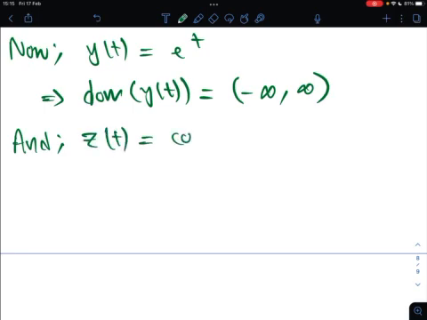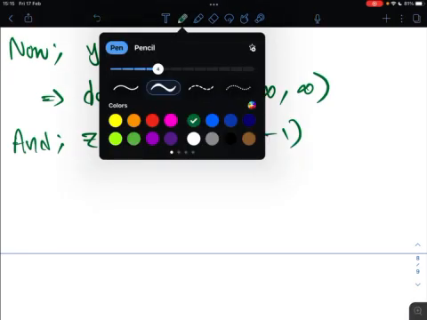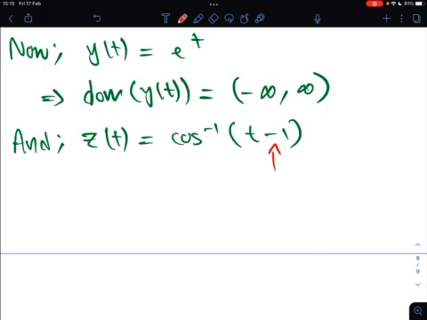So z(t), we already saw, is defined as the cosine of t minus 1. We know from our discussion in the previous question that a cosine can only give us arguments when this thing lies in this interval. You see that?